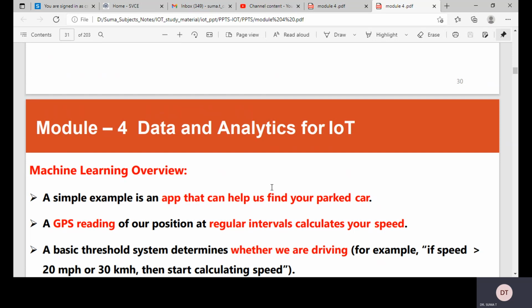A simple example is an app that can help you find your parked car. It can use a GPS reading of your position at regular intervals and calculate your speed. A basic threshold system determines whether you are driving. For example, if the speed is greater than 20 mph or 30 kilometers per hour, then start calculating the speed.